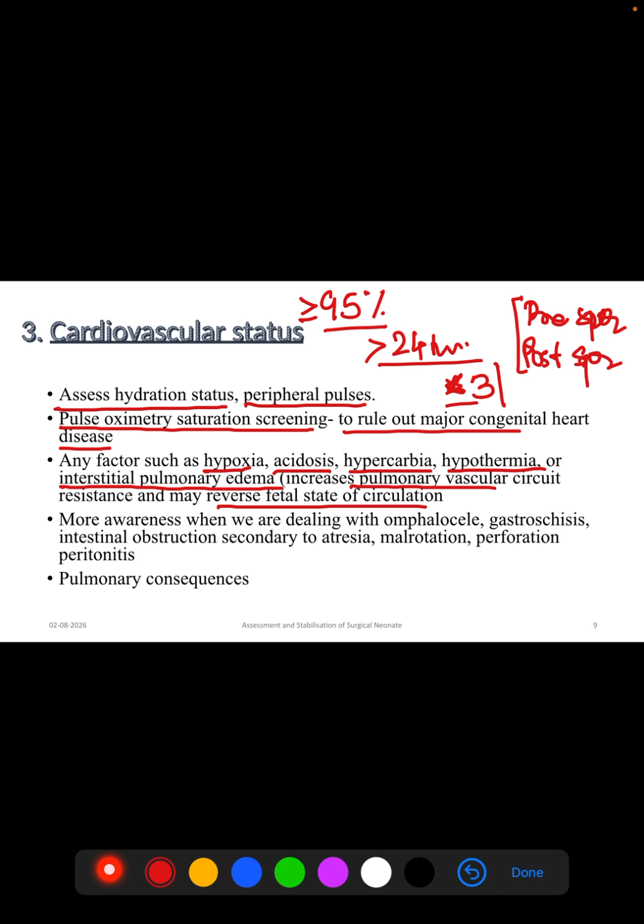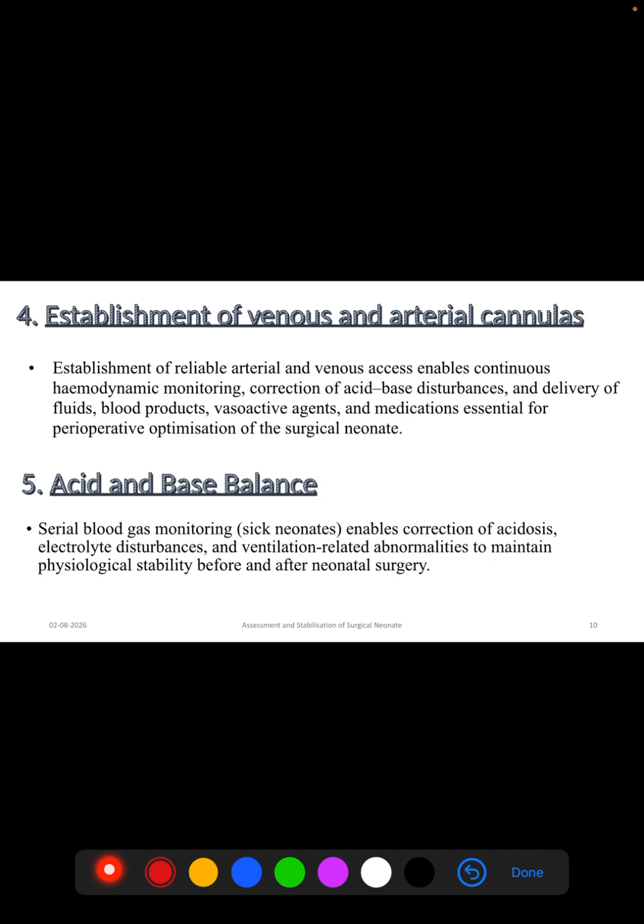We have to be more aware while we are dealing with abdominal wall defects like omphalocele and gastroschisis, when there is intestinal obstruction secondary to atresia, malrotation, perforation, peritonitis, because all these fluid shifts will have pulmonary consequences that I have already discussed.